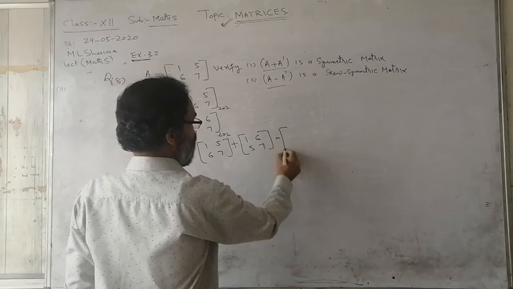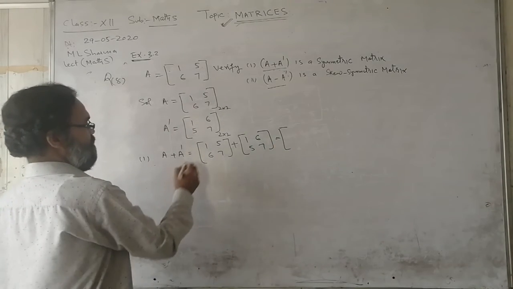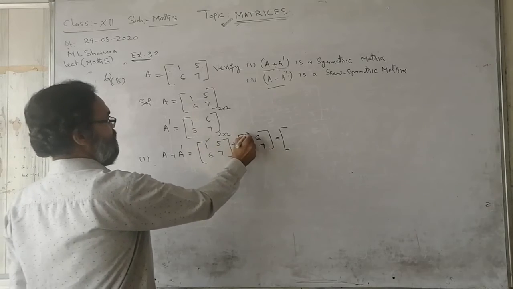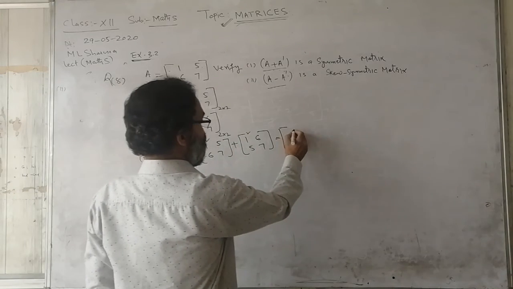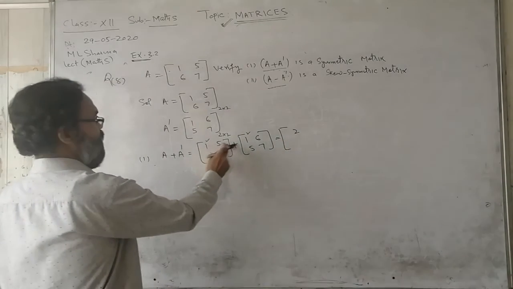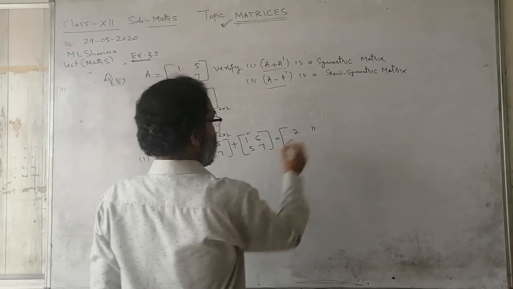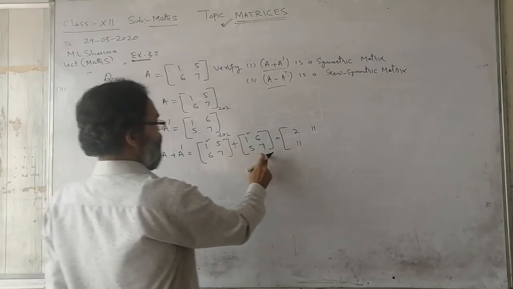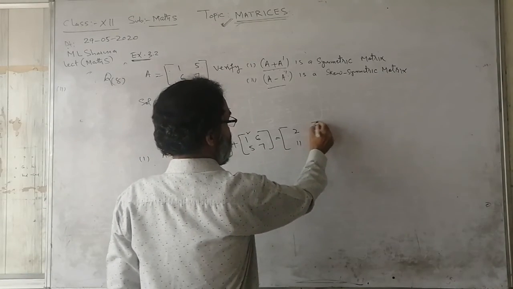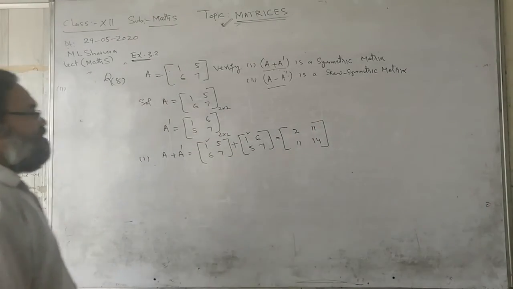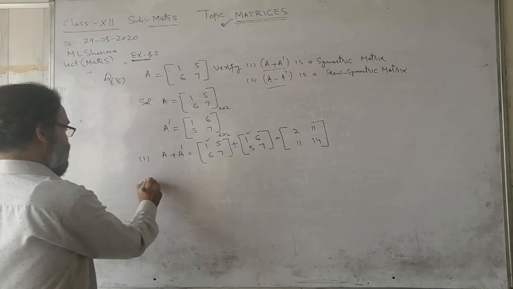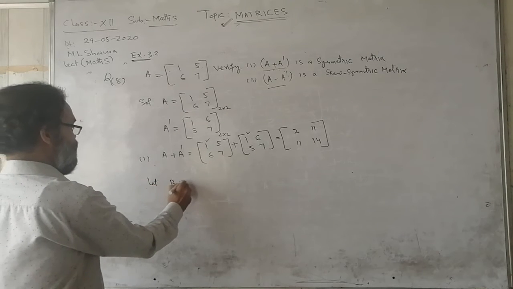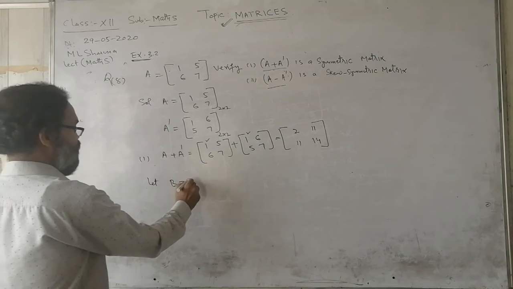If I add the corresponding elements, this will be 2, 5 plus 6 is 11, 6 plus 5 is 11, and 7 plus 7 is 14. So this is a matrix. Say, let this be equal to B.